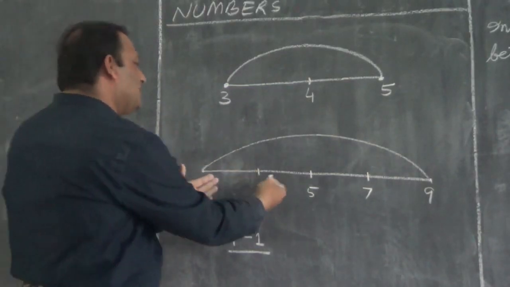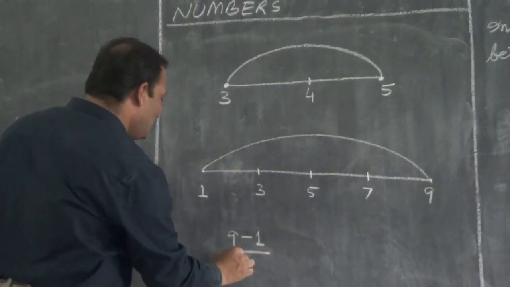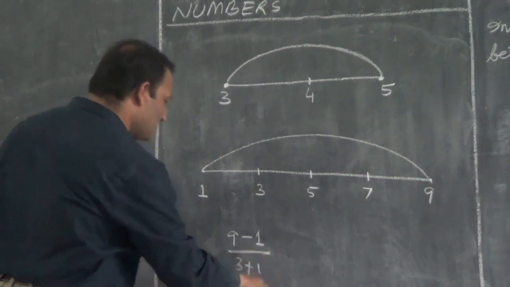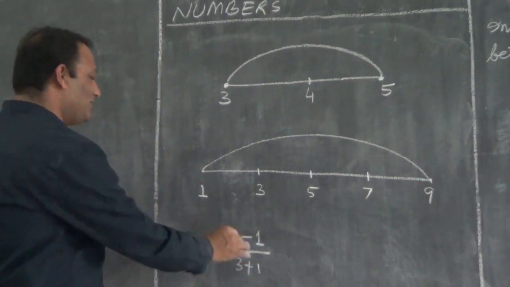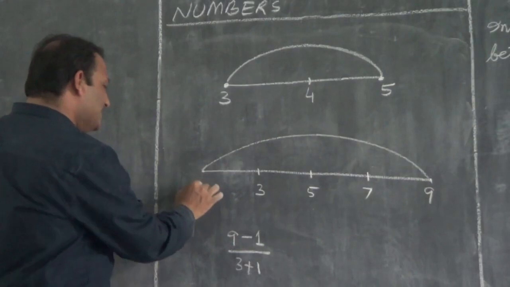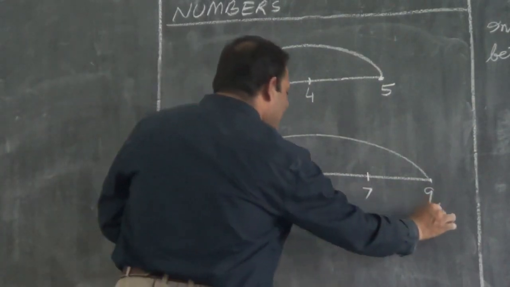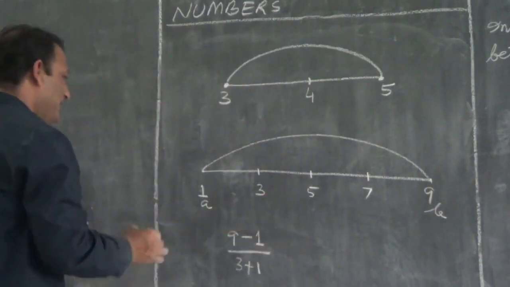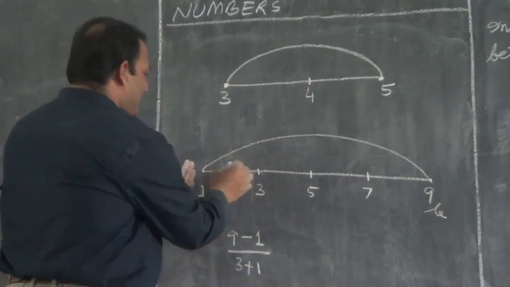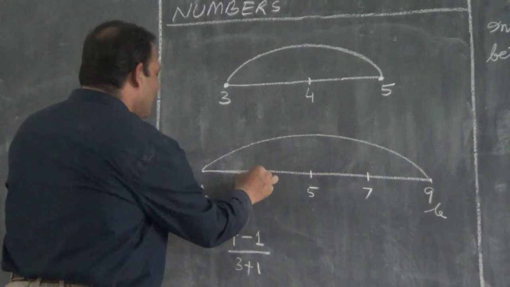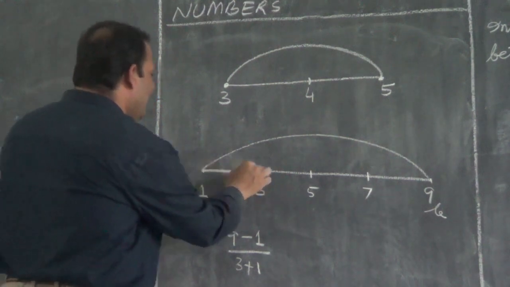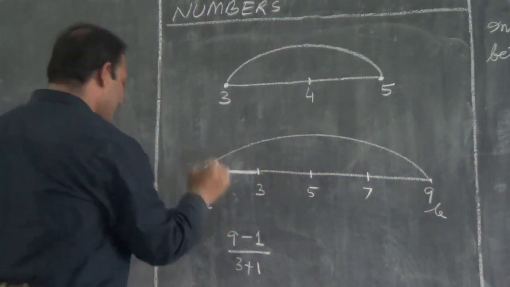So here I want to insert 3 numbers, so 3 plus 1, 4. If I say this number is A and this number is B, then this gap is called the difference between 2 consecutive numbers.